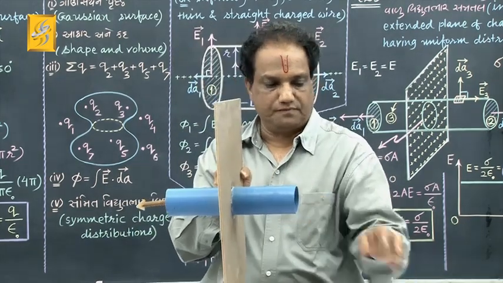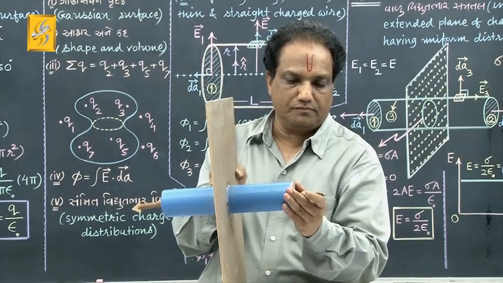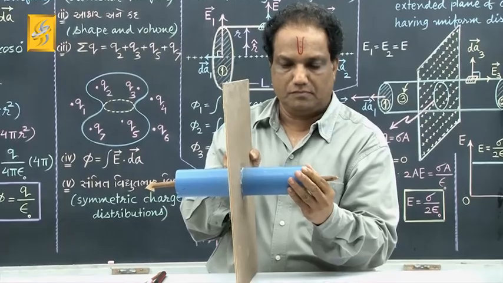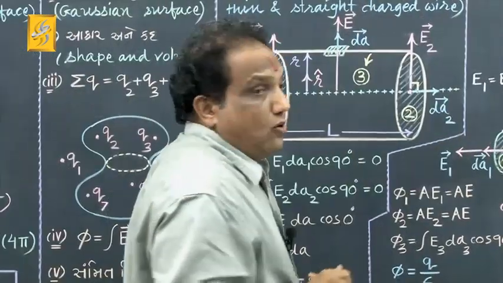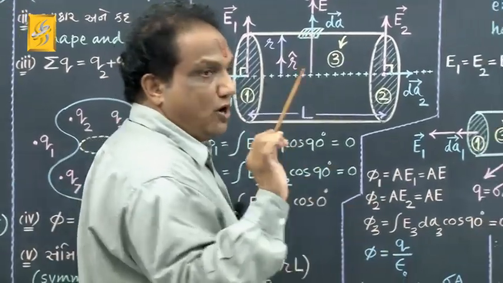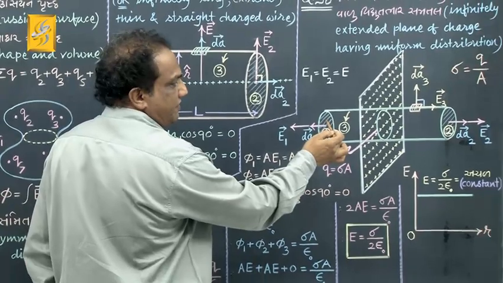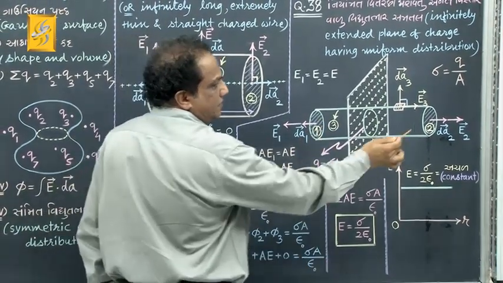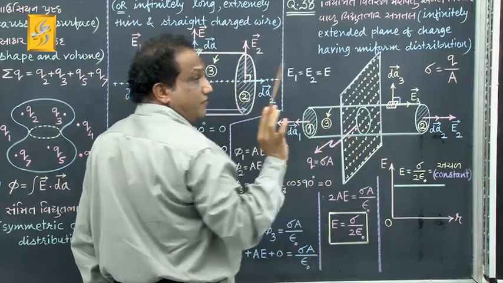Similarly, here also area vector you can draw perpendicularly outward. Got it? Fine. Now let us find out the amounts of electric fluxes linked with, say, this surface number 1, this surface number 2 and this curved surface number 3, one by one.